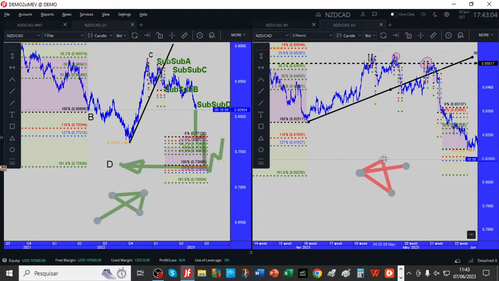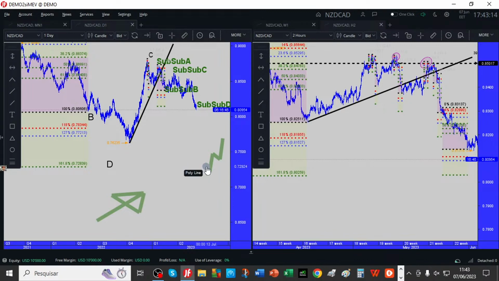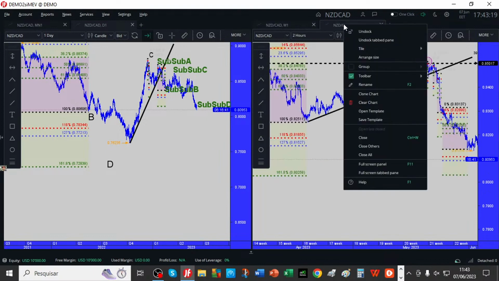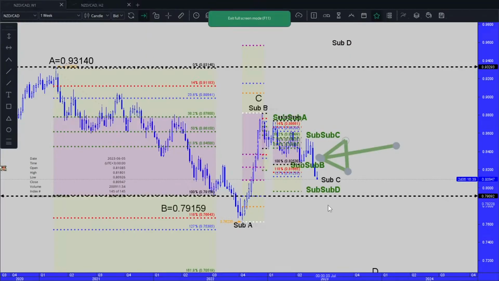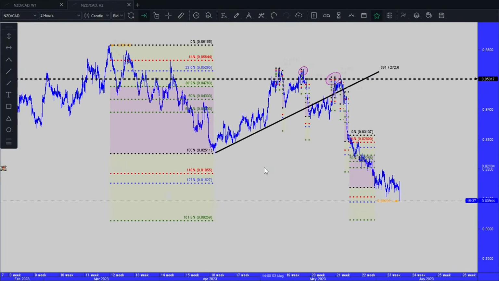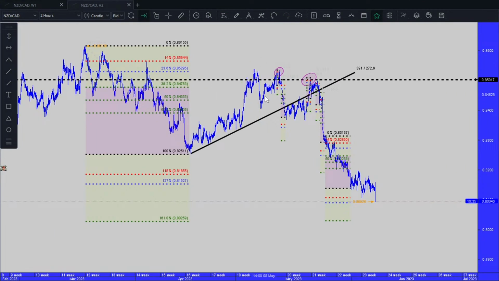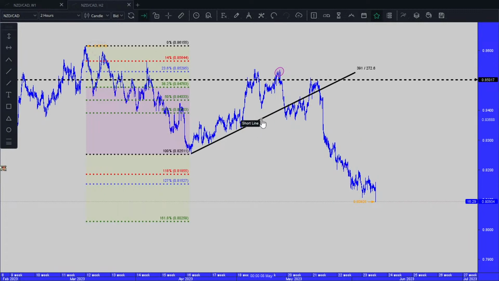Any questions so far? Everybody, any questions? And if you are like Clara, don't bother, just trade the original ones. Alright, everybody? This is the 2-hour chart. This is the Fibonacci, the confirmation. You don't get it, or you don't like it.